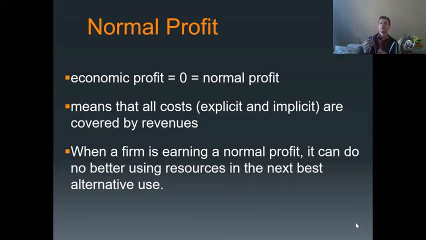So if your economic profit is negative, you could still be having accounting profit. But what it tells you is you might be better off switching to a different mode of service or production or something. You could be doing something better with your resources. That's all that says if you have a negative economic profit.